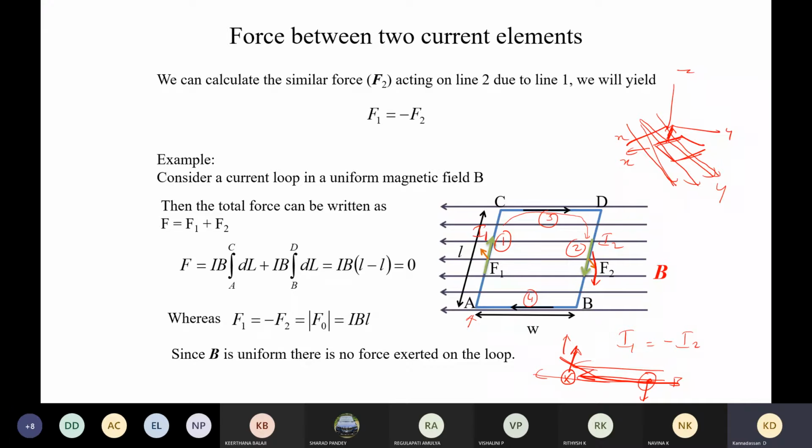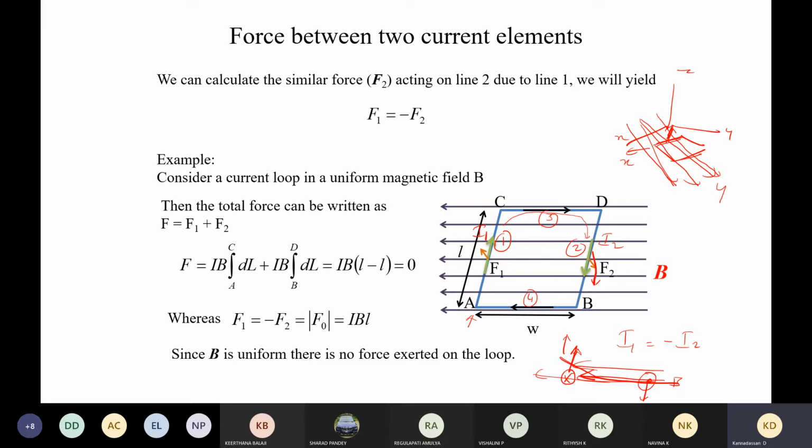In this way, this particular loop will start to move in a zigzag manner, or sometimes go in a clockwise direction. That is how this structure is going to behave. For this, you have to take the cross product of the current with the external magnetic field. Therefore, you can calculate the force acting on it.